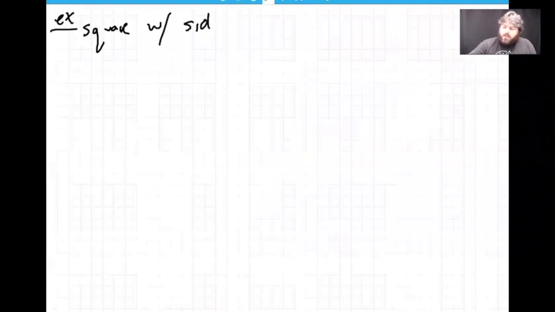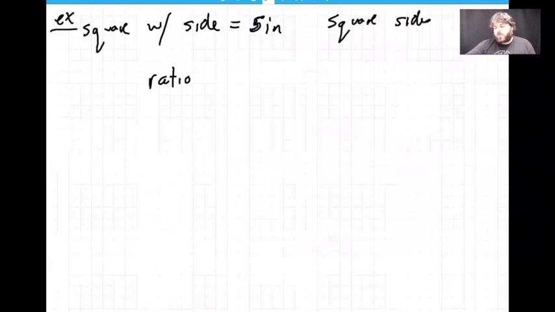So let's look at an example. You've got a square with side length 5, so the sides are equal to 5 inches. Sorry, you've got another square where the sides are equal to 7.